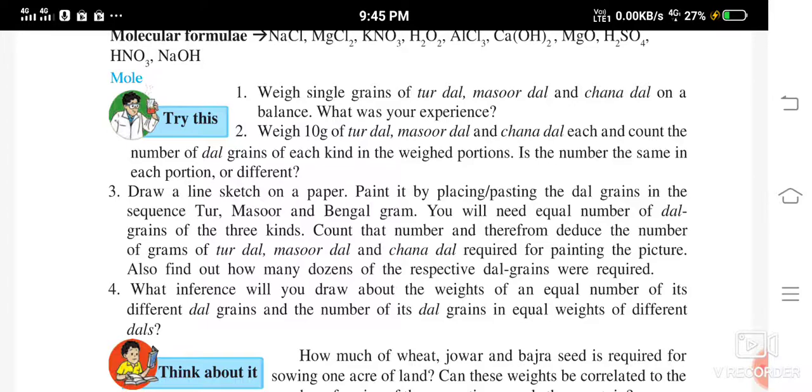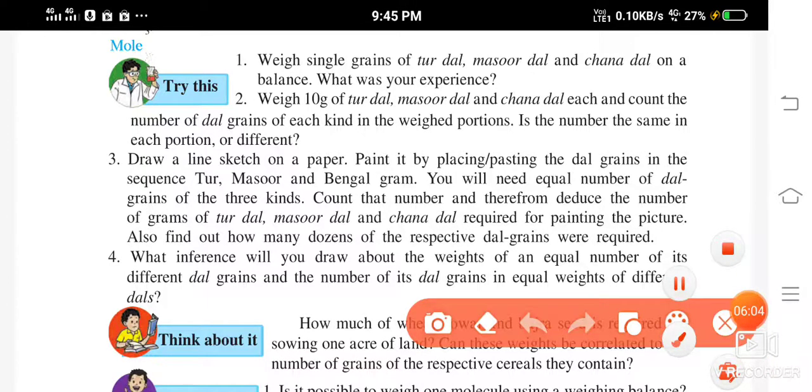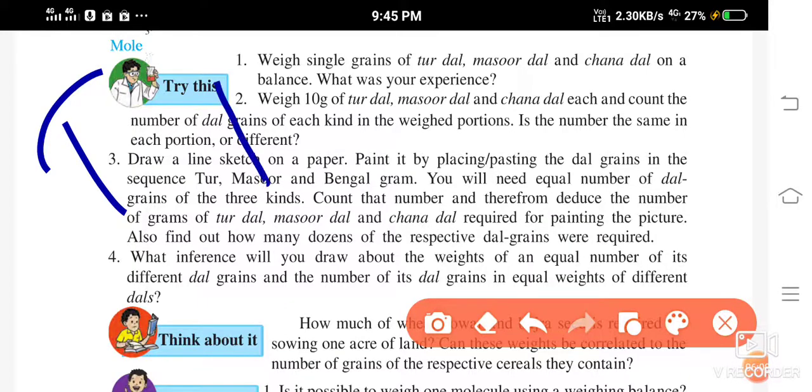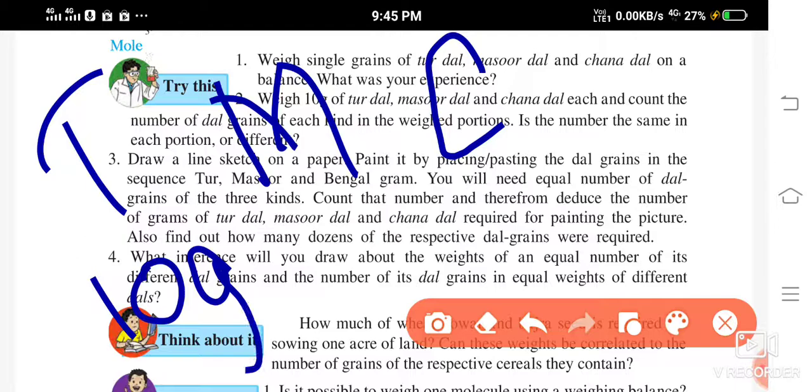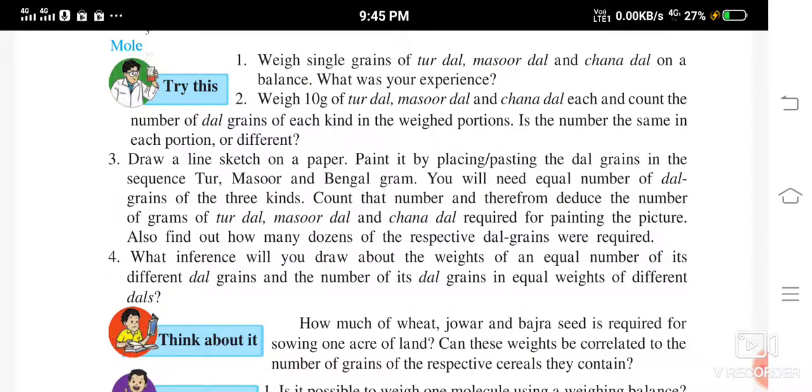You are going to take 10 grams of tur dal, then masoor dal and chana dal, 10 grams each, and then you are going to count the number of dal grains in each.